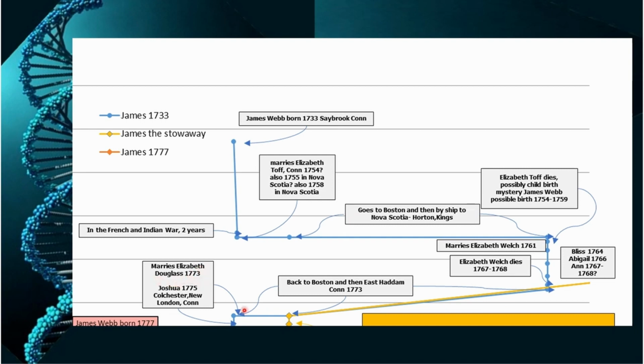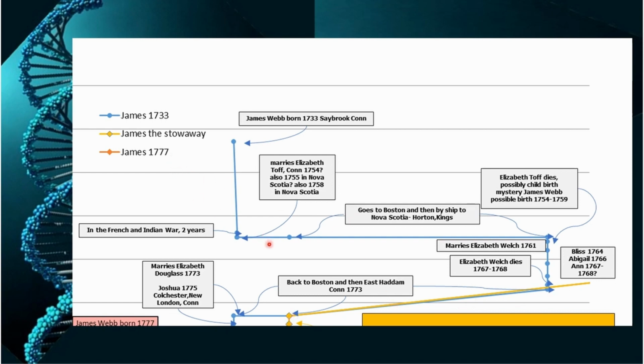Now we're going to hop over to James the Stowaway. He gets off a boat in Boston. And it's about the same time that the family has come back. And we don't see James 1777 yet. We'll see him on the next slide when we look at what happens next.